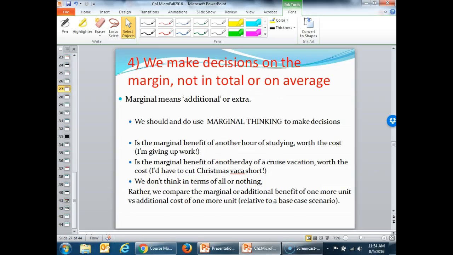And it's always relative to some base case scenario. So anytime anybody asks you what is a marginal benefit or marginal cost of changing behavior or consuming one more unit or doing anything, you have to always reference it to a base case.